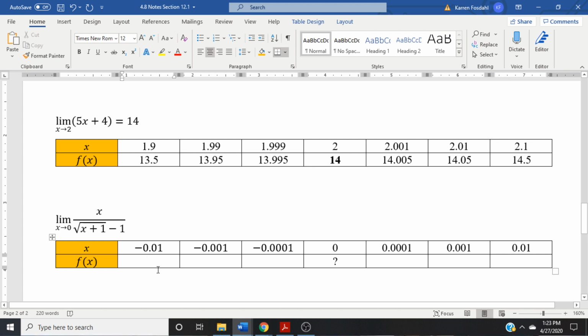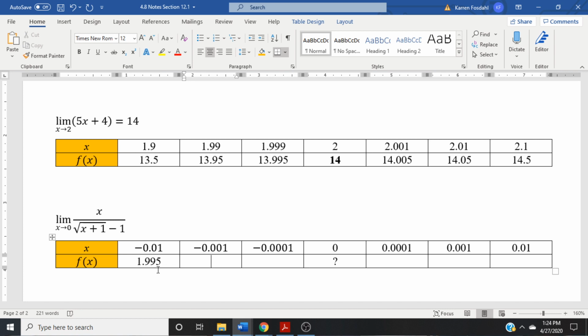So negative 0.01. We have negative 0.01 divided by the square root of negative 0.01 plus 1, minus 1. And this would equal 1.995.